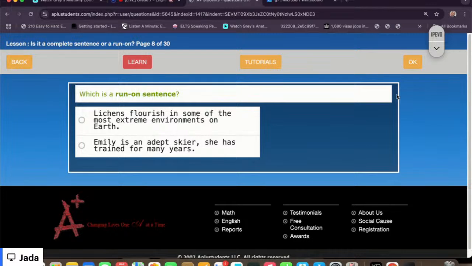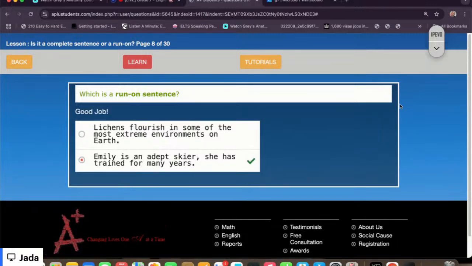So, what is the run-on sentence here? All right, so the second one.